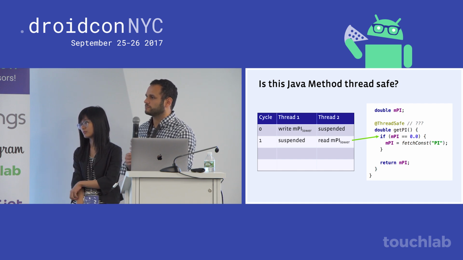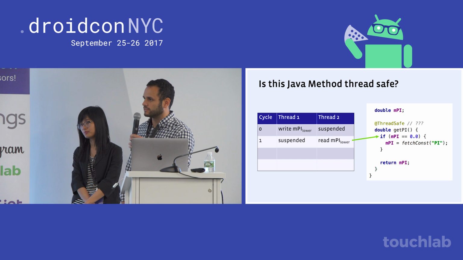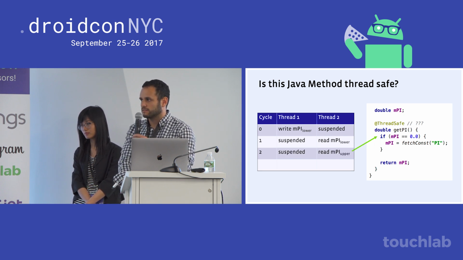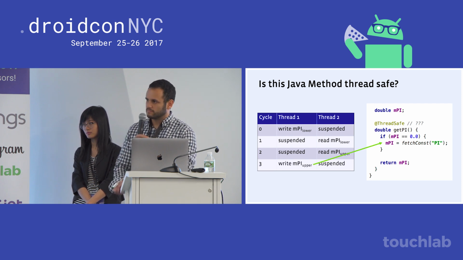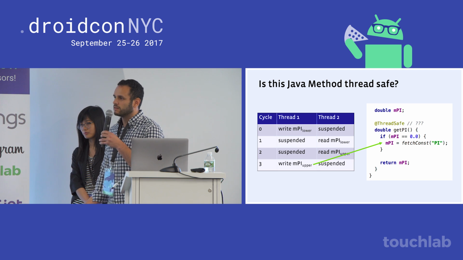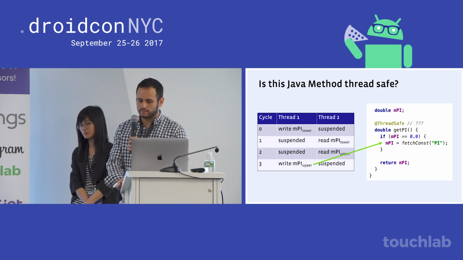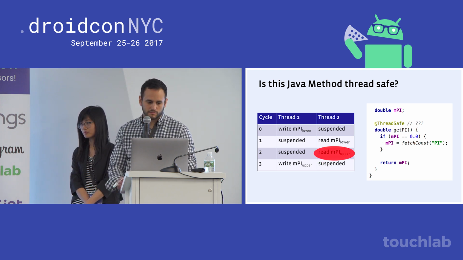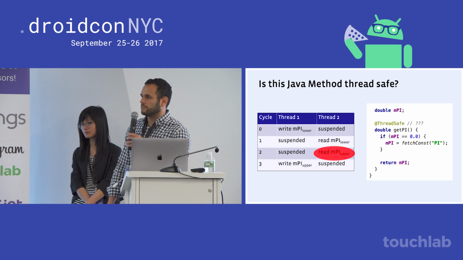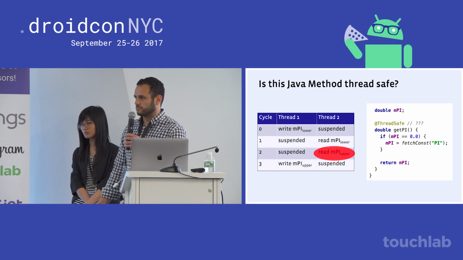And then for whatever reason, the system decides to suspend thread 1. Thread 2 starts running, and the first thing it's going to do is check the value of mPy. So it reads half of it, reads the second half. It's not 0, so then it returns. And then the next cycle, thread 1 starts up again, finishes writing. And the problem, though, is that when thread 2 read the upper half of mPy, there was just a garbage value.